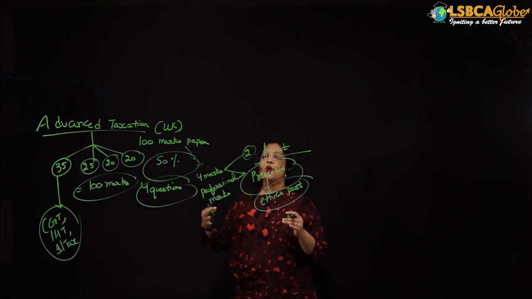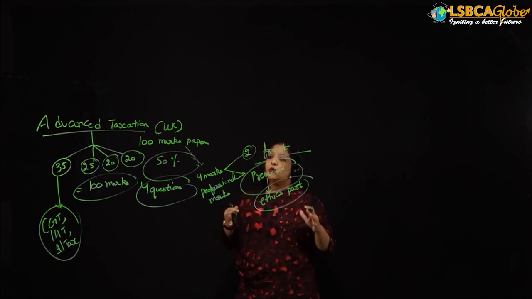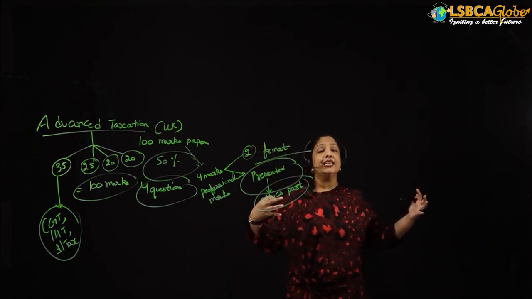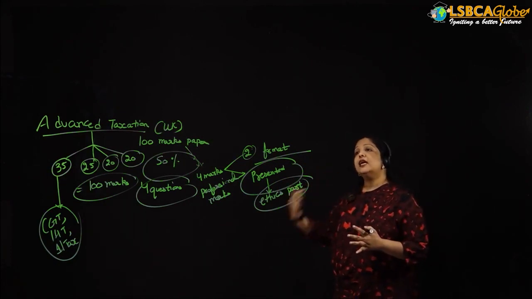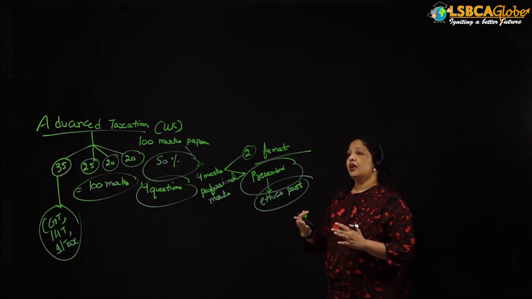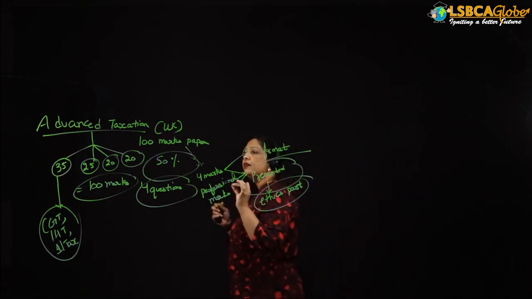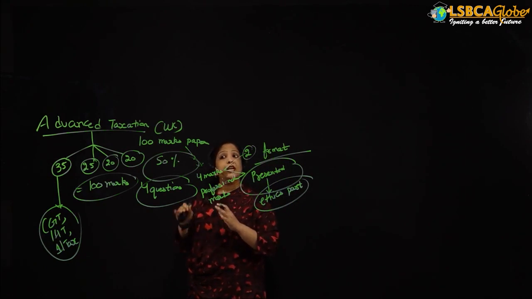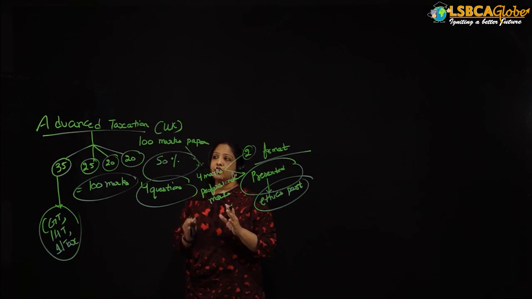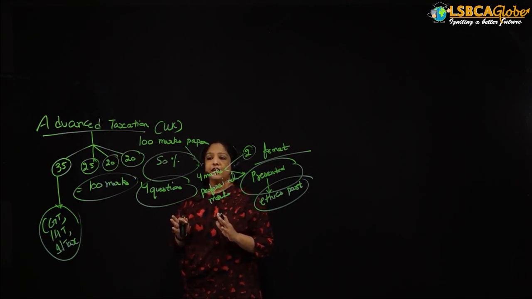But in the advanced taxation, the most common question is the interaction of CGT and IHT at the same time. So commonly your first 35 marks question is going to be the interaction of CGT with the IHT. How that interaction goes, I will tell you class, right?